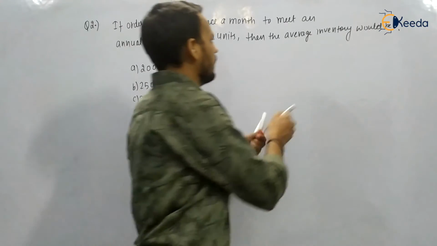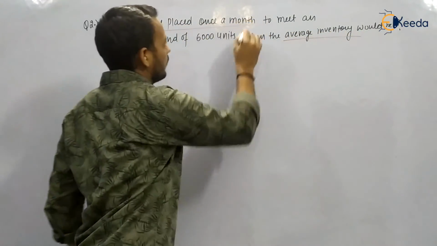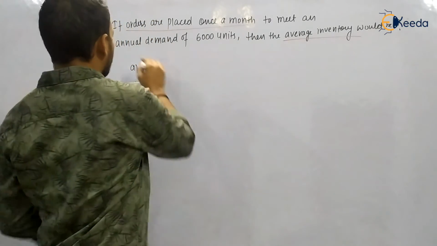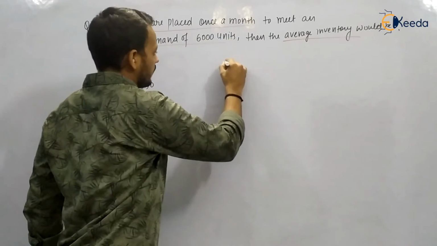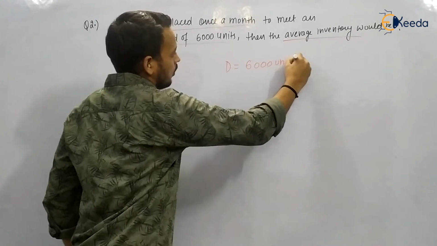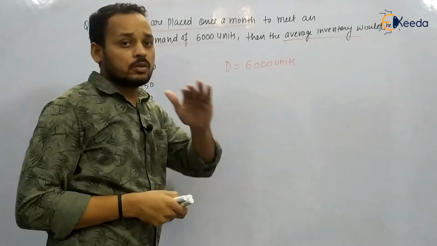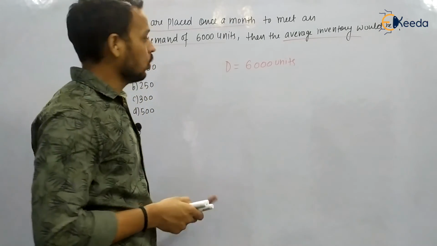So they are asking what is going to be the average inventory, and they are saying that if orders are placed once a month to meet the annual demand of 6,000. So capital D is given, that is 6,000 units, and they are asking the average inventory, meaning Q by 2.